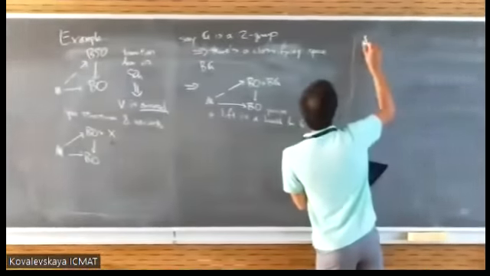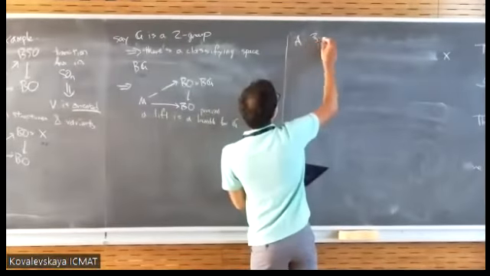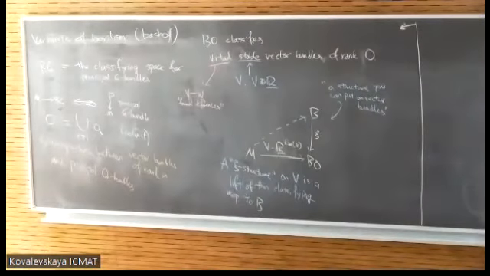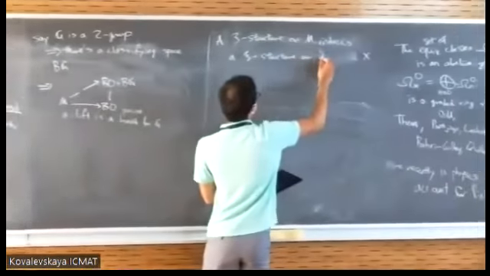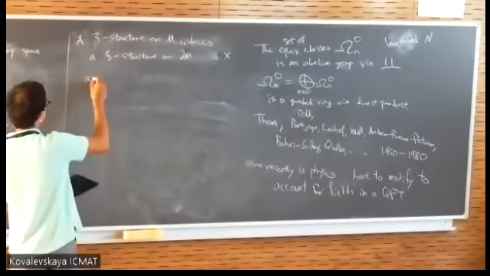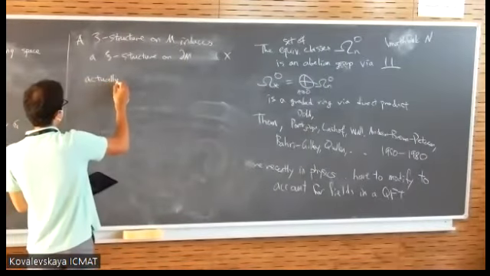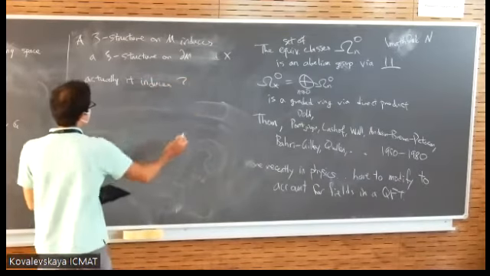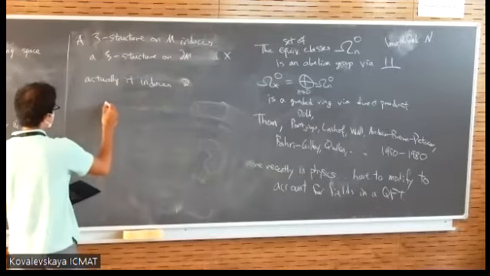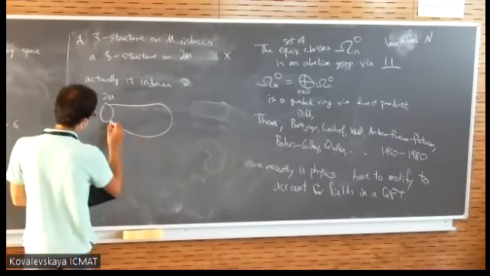So a psi structure on M induces a psi structure on the boundary. Well, actually, it induces two. So here's the boundary.